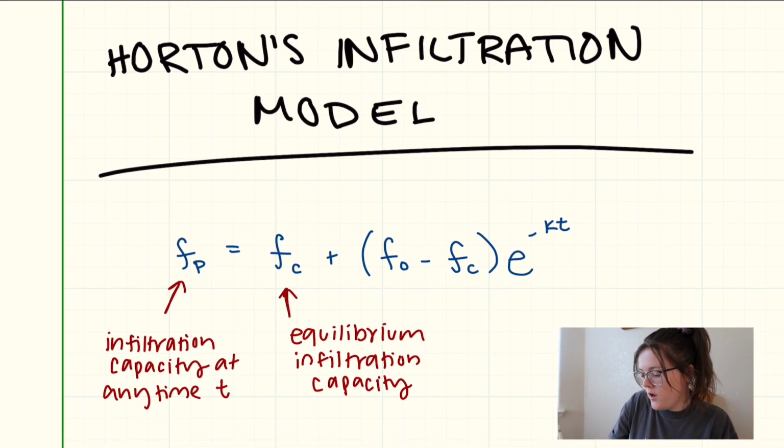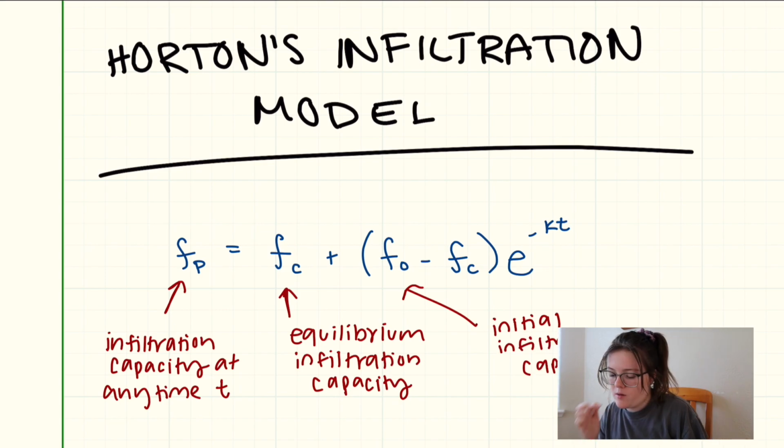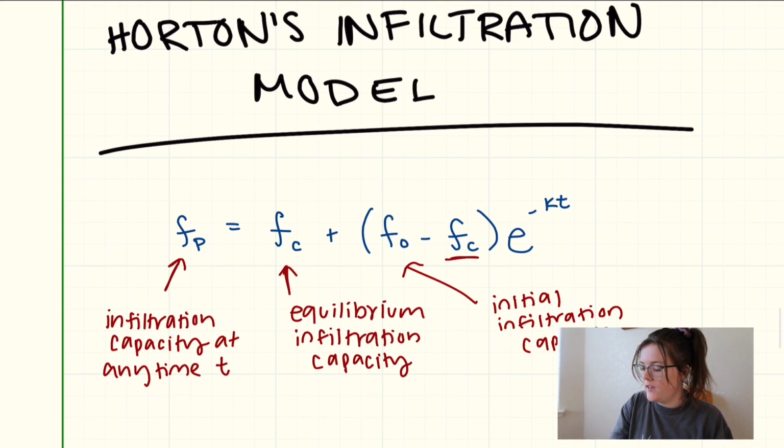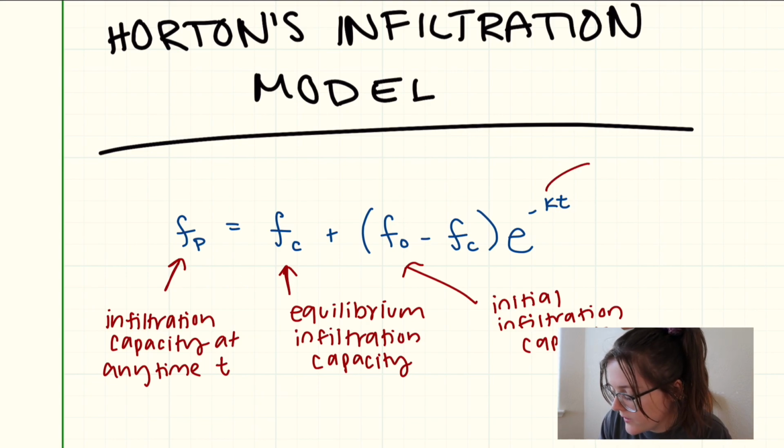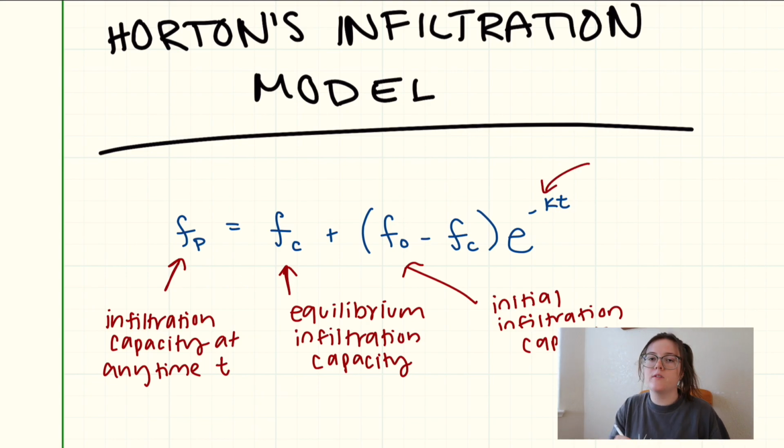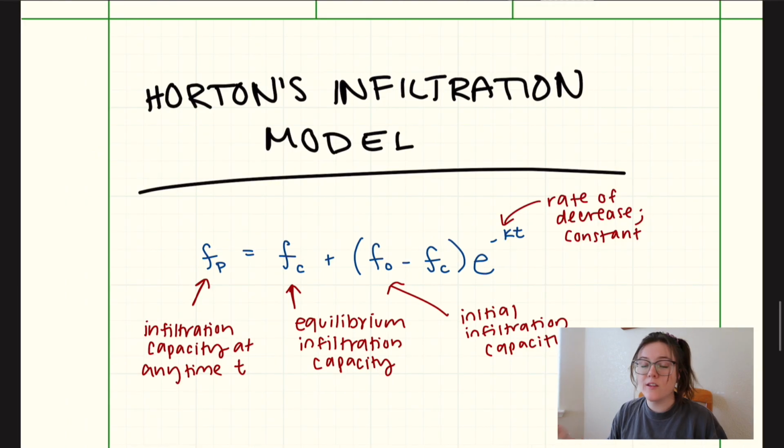And then our F naught here is our initial infiltration capacity. And then FC, we have that again. And then e to the negative KT, where this K value is representing our rate of decrease. It's a constant that tells us our rate of decrease, essentially. So yeah, that's our governing equation, and let's get into how to use it.